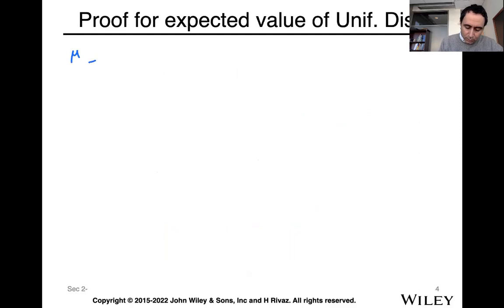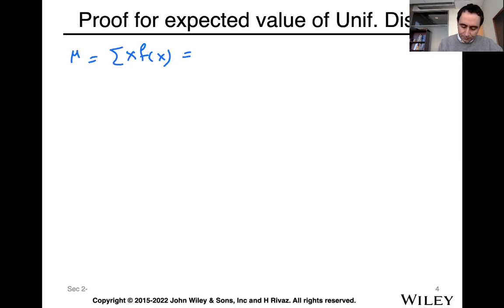So we know that mu is sigma x f of x, right? And we know that f of x is a constant value, right? So for a uniform distribution, f of x is constant. So anything that's constant comes out of the sigma. Maybe I can write it like this.